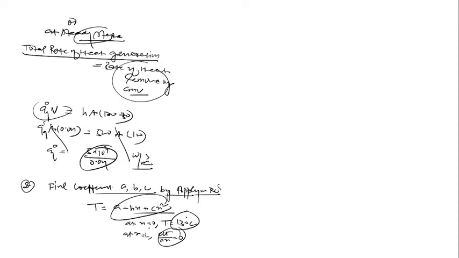So if you put the first boundary condition at x equal to 0, I get A as 130. If you put the second boundary condition, dT upon dx equal to 0, what is dT upon dx?